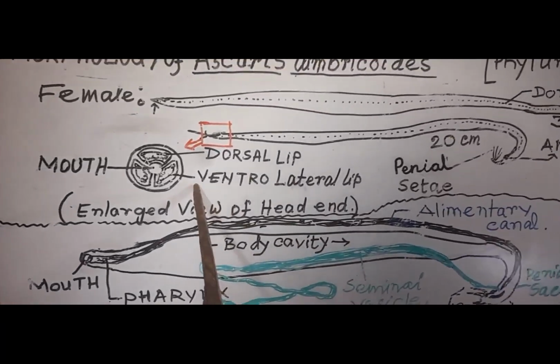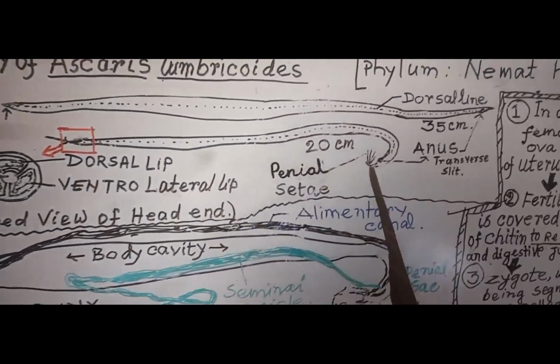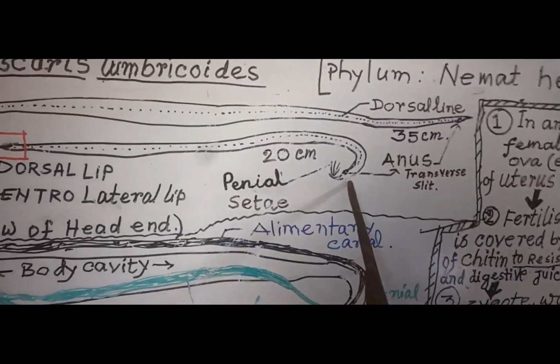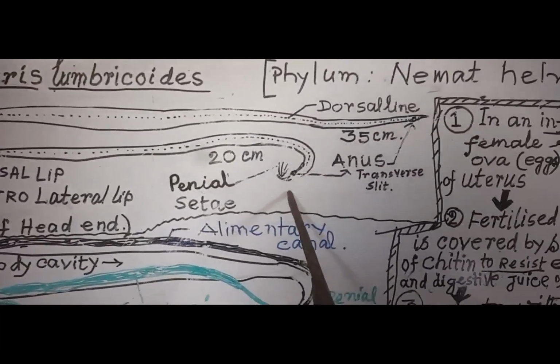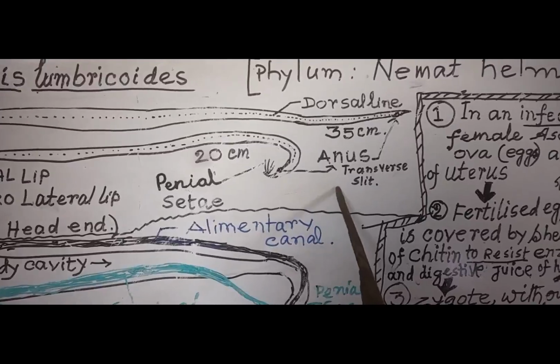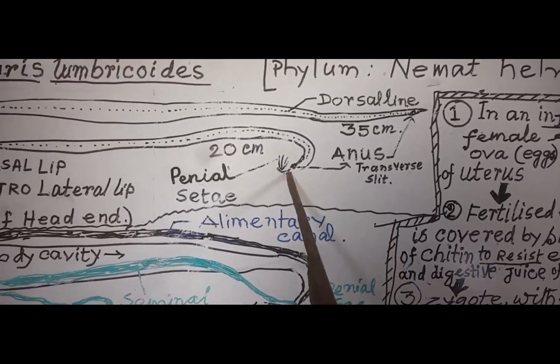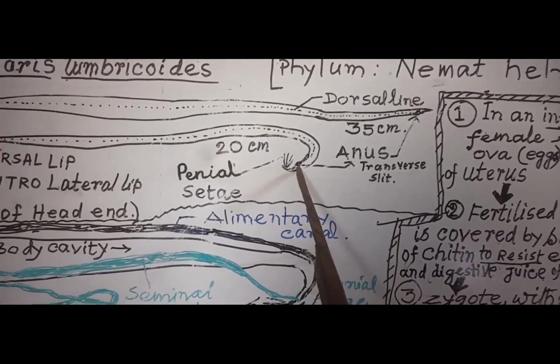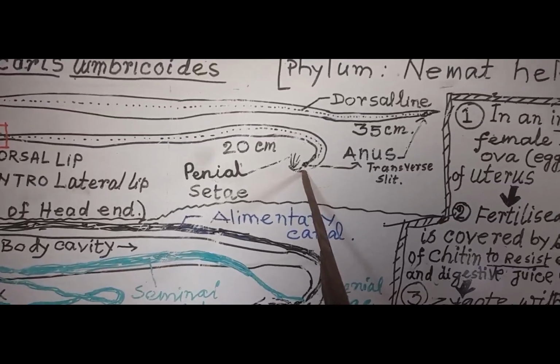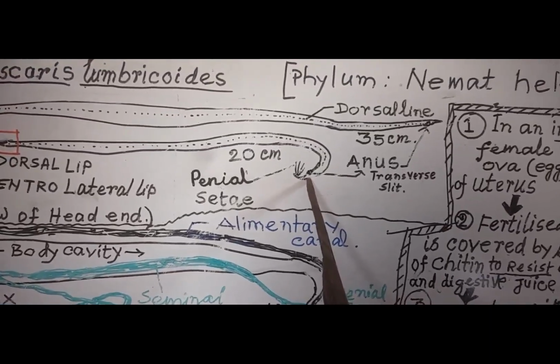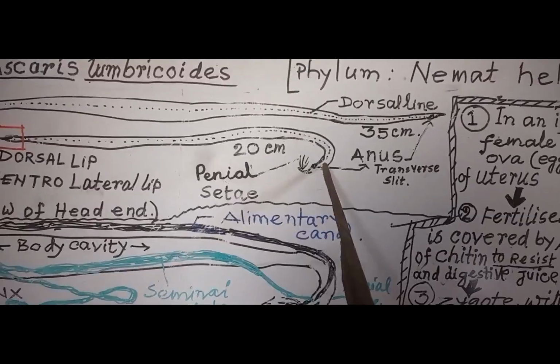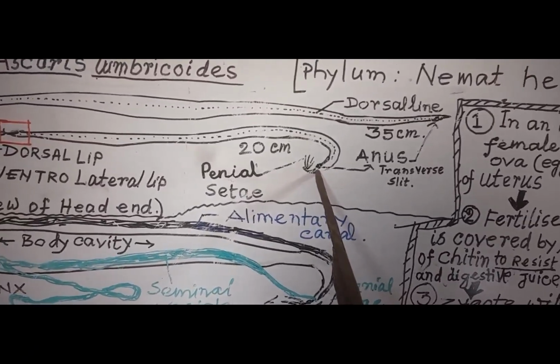Then I shall show you that at the end of the male there is the anus. It is a transverse slit, but it is a common pore for emission of stool and semen with sperm.